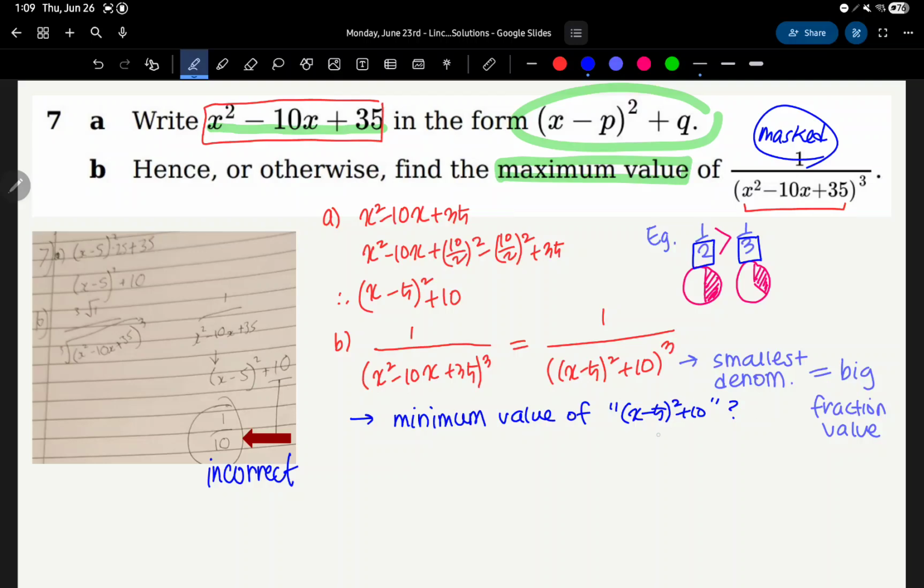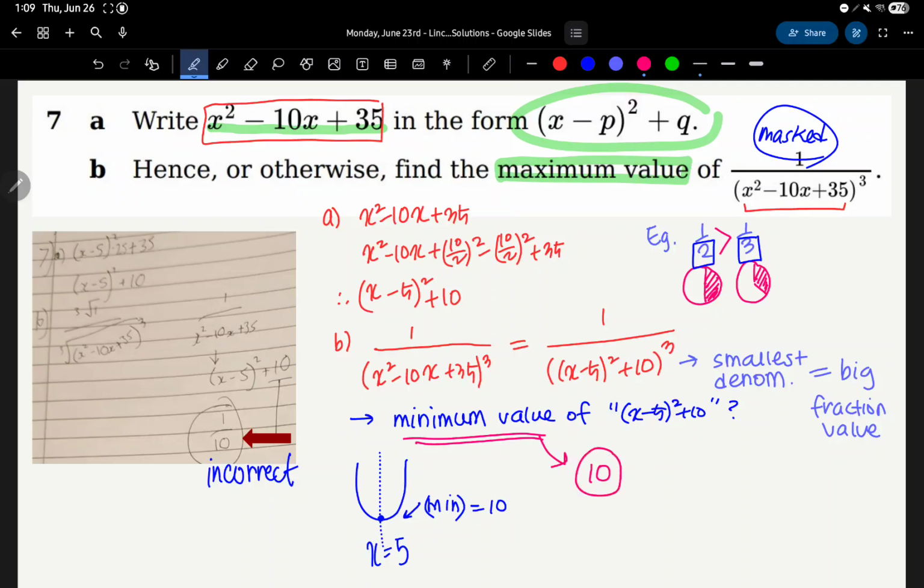If we quickly draw and sketch that quadratic equation, it's going to look something like this. So the line of symmetry is going to be x is equal to 5. We know that. And our minimum value right here is going to be 10, exactly, because we have the vertex form. So what is the minimum value? It's going to be 10.